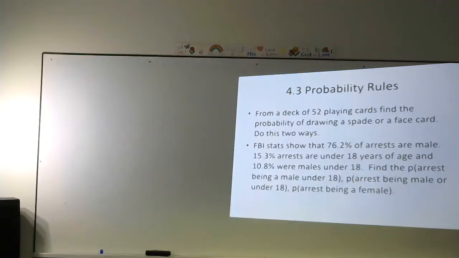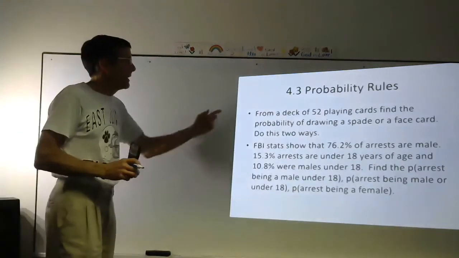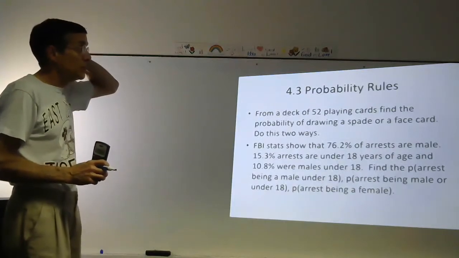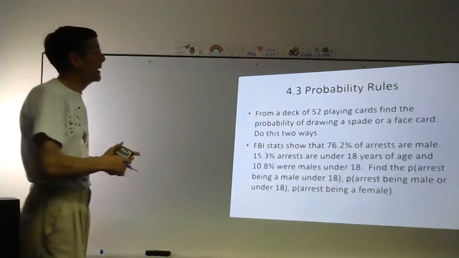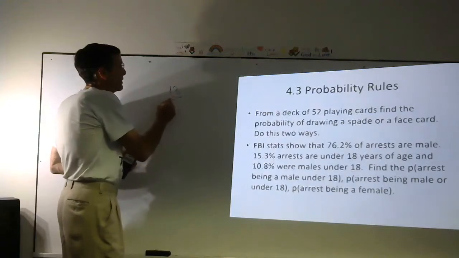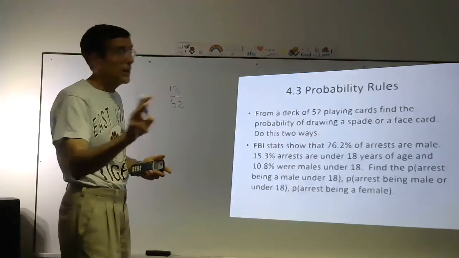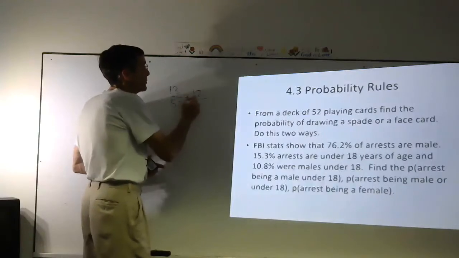All right, more problems. From a deck of 52 cards, find the probability of drawing a spade or a face card. Let's do it in 2 different ways. Getting a spade is 13 out of 52. Getting a face card, there's 3 per suit, that makes 12 total.